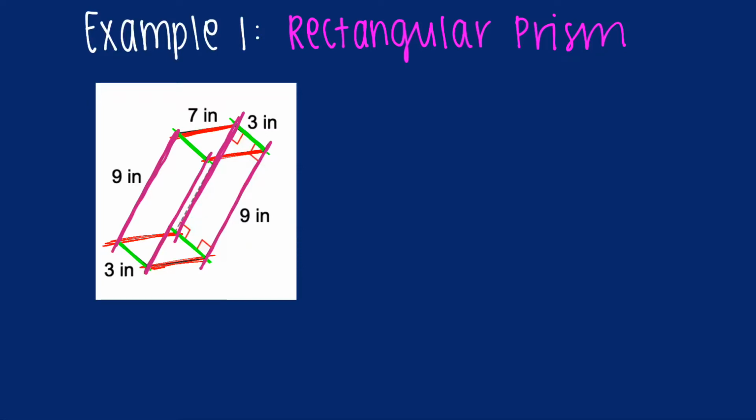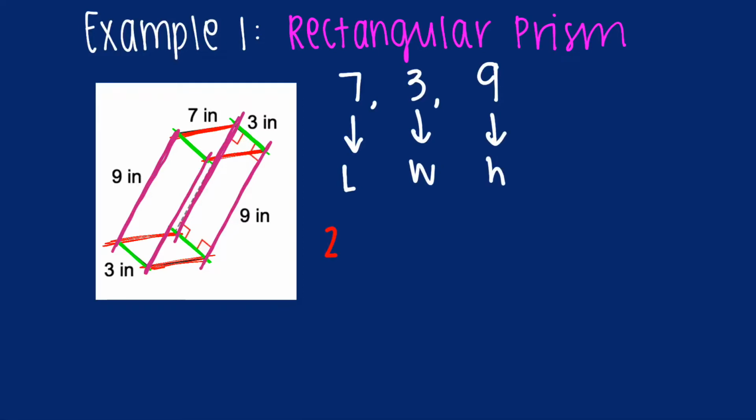So I'm given 3 measurements. I'm given 7, I'm given 3, and I'm given 9. And I have 3 measurements I need in my formula. So I'm just going to put 7 as my length, 3 as my width, and 9 as my height. So in my formula, remember, it is 2LW plus 2LH plus 2WH.